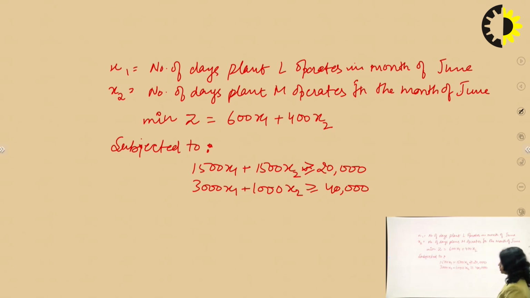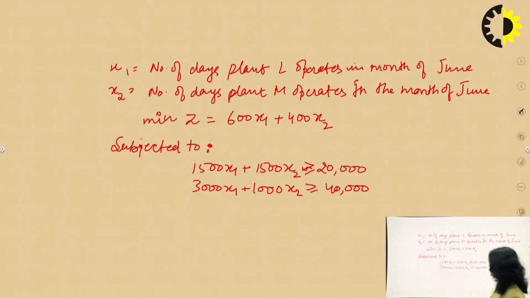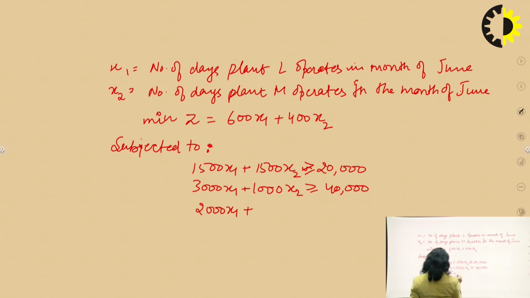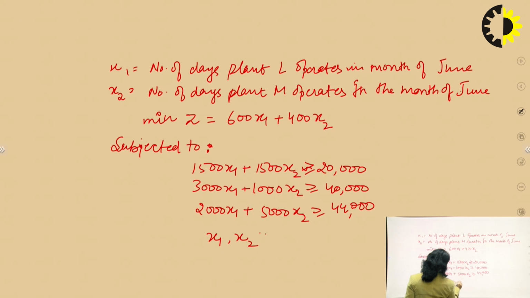Now for the third constraint, we will write down 2000 x1 plus 5000 x2 greater than or equal to 44,000. So these are our constraints. And now we will define the non-negativity restrictions: x1, x2 greater than or equal to 0. So this is basically our formulation of the problem.